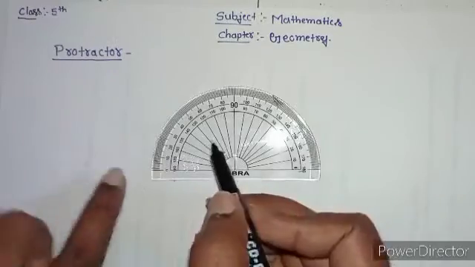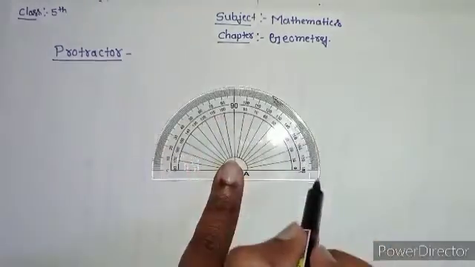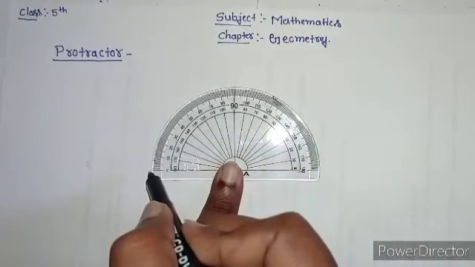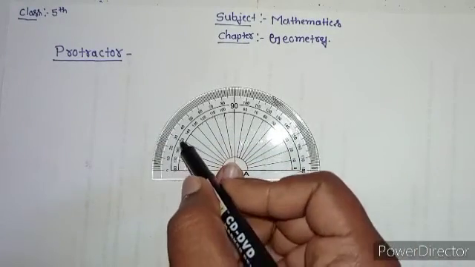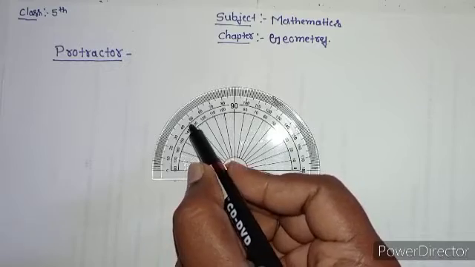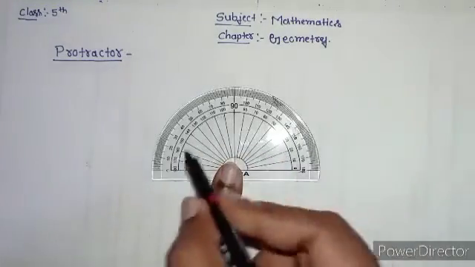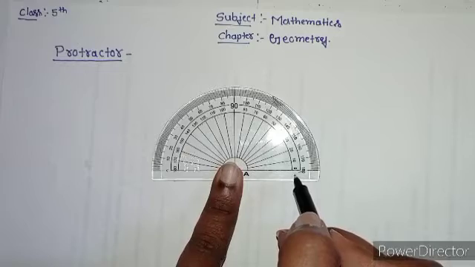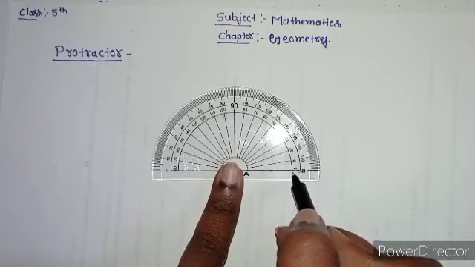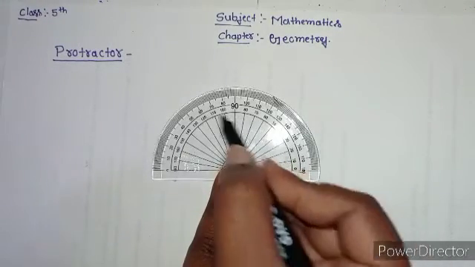This is clockwise and this is anti-clockwise. The outer scale is read clockwise, and the other scale is read anti-clockwise. This is the inner scale.